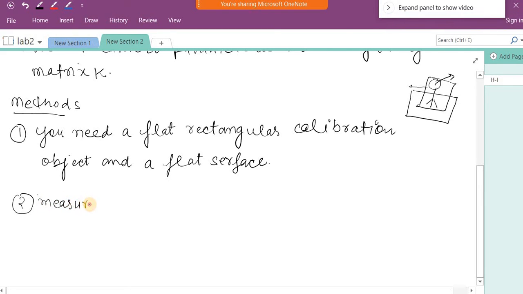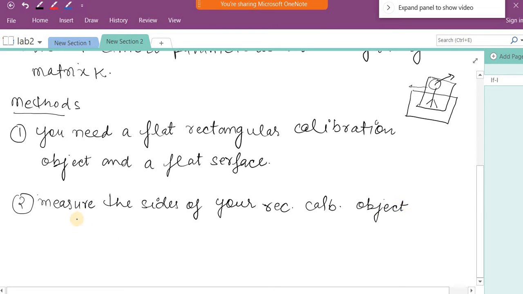You have to measure the sides of your rectangular calibration object by capital Dx and capital Dy.